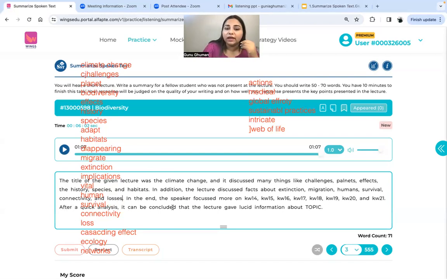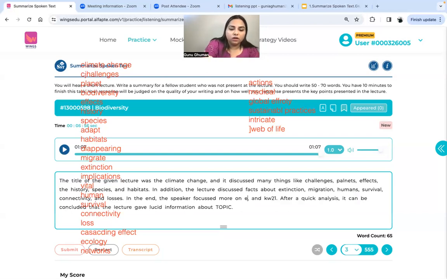We can say that. In the end, the speaker focused more on, and we can say few more keywords there. Ecology, networks. Did we say the word networks before? No, we didn't write it. So we can put the word networks, spellings incorrect. Right? Then we can say web of life.